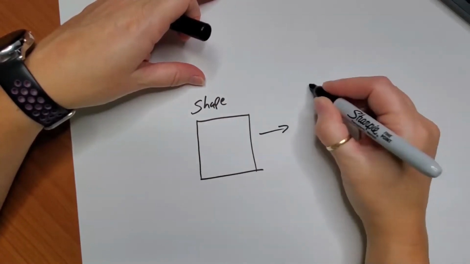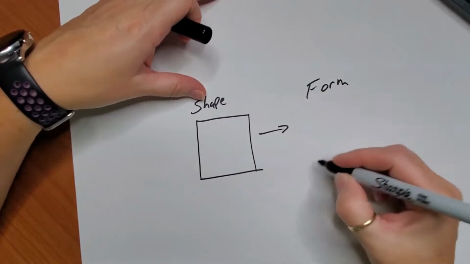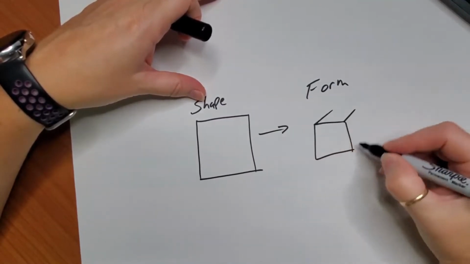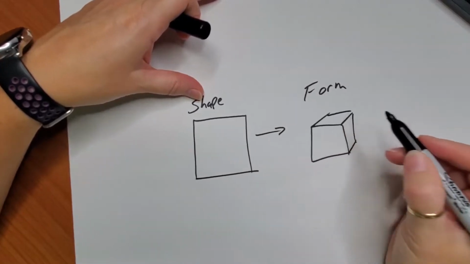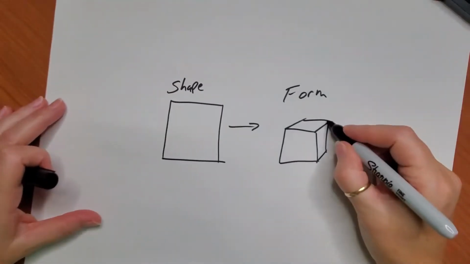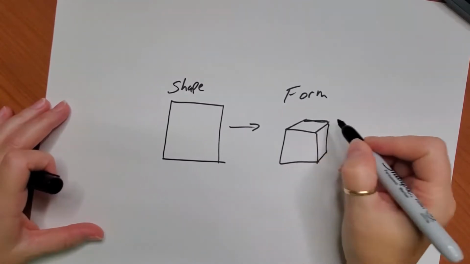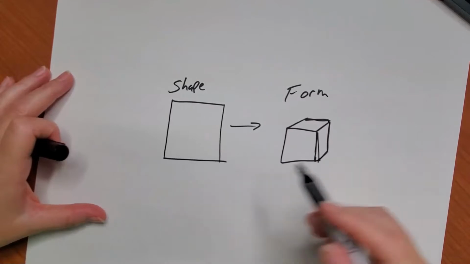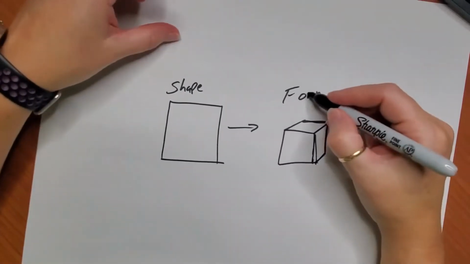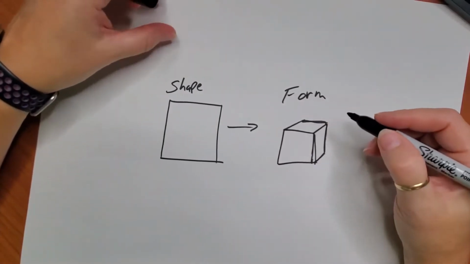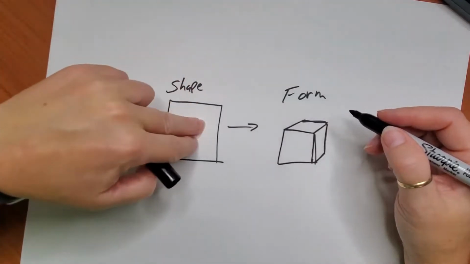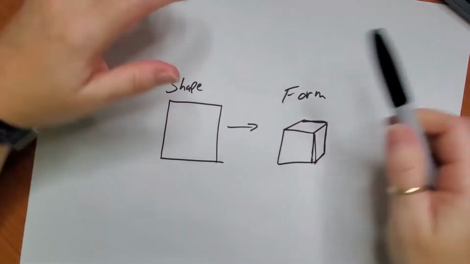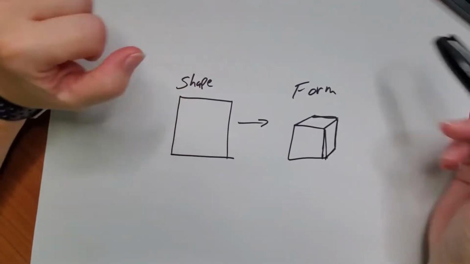And then a form would be the 3D counterpart to that shape. So a square or a rectangle would be a cube. That's a sloppy cube, but you get the idea, right? So you have shapes and you have forms. In this video, we're only going to be talking about shapes. So everything we're drawing today is going to be done in 2-dimension.